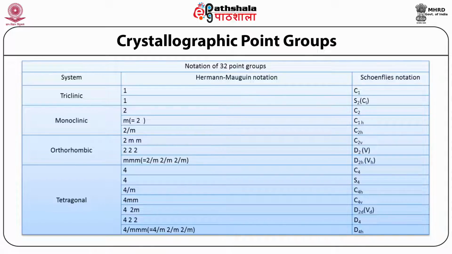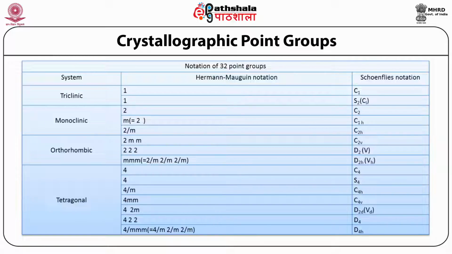The triclinic system has two Hermann-Mauguin notations, 1 and 1 bar, whereas the Schoenflies notation corresponding to 1 is C1 and corresponding to 1 bar is S subscript 2, within brackets capital C subscript i.